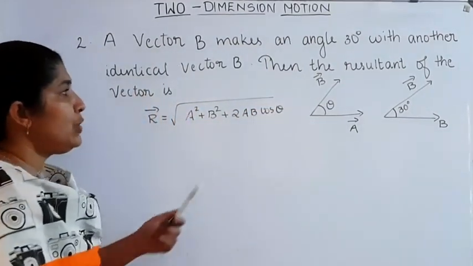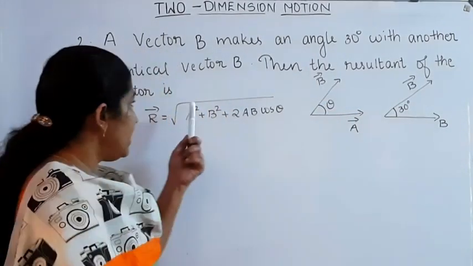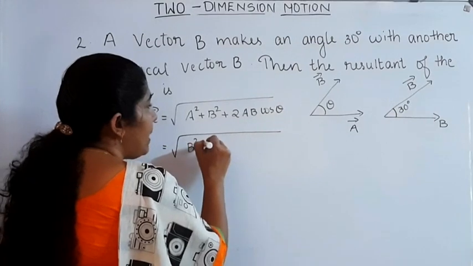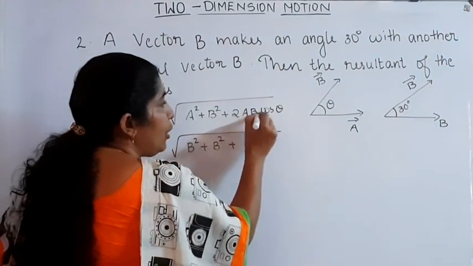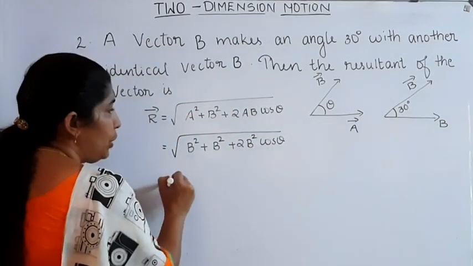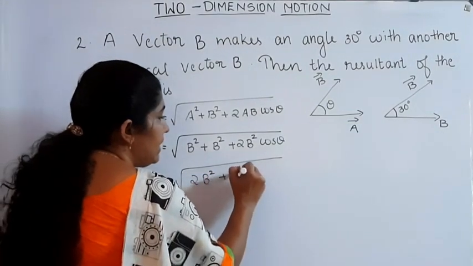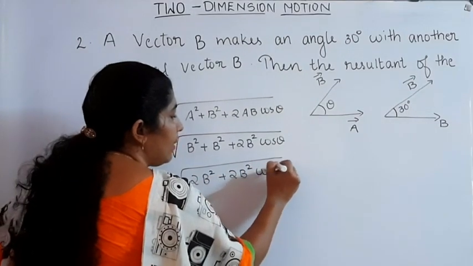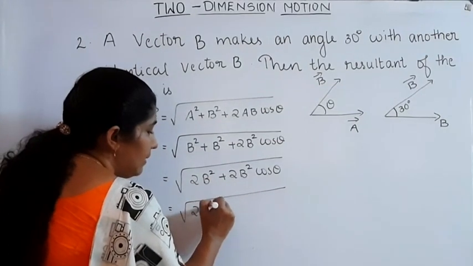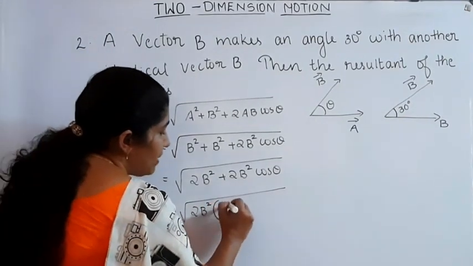Here these two vectors, vector A and vector B, are identical. So this equation becomes root of B square plus B square plus 2B into B, that is 2B square cos theta. That's equal to root of 2B square plus 2B square cos theta. 2B square is common, therefore that is taken out, into 1 plus cos theta.